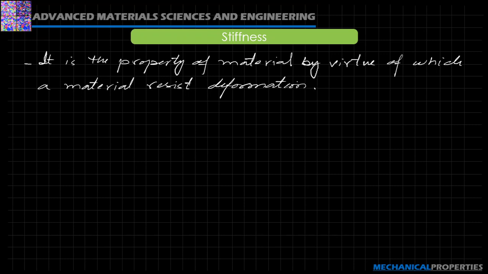It means a more stiff material would be more difficult to deform, or we can say that if the material is easily deformed, the material is less stiff. So the stiffness can also be defined as the load per unit deformation.